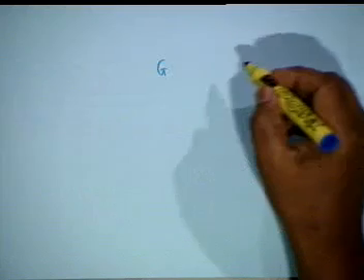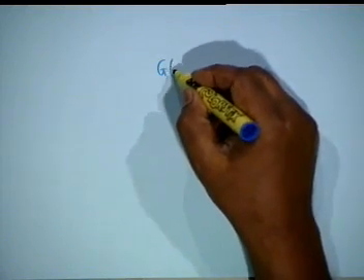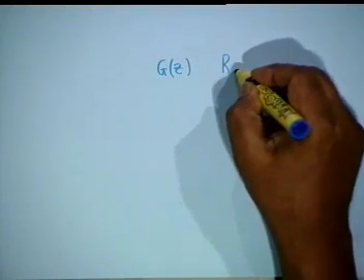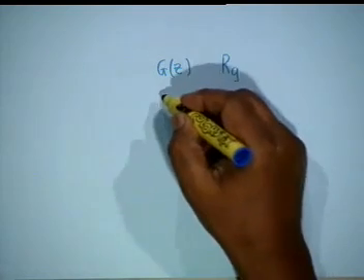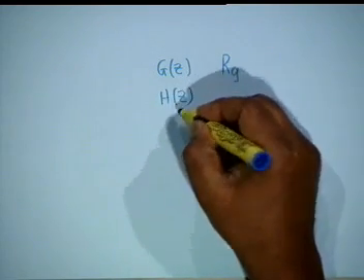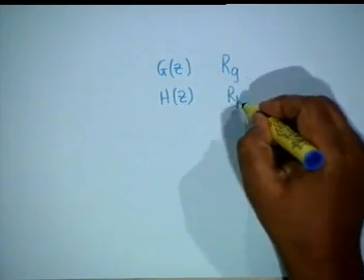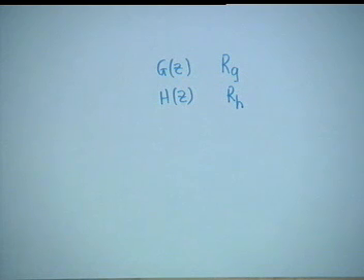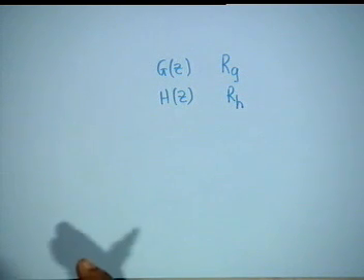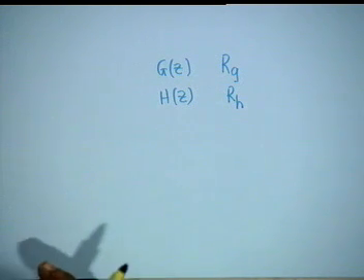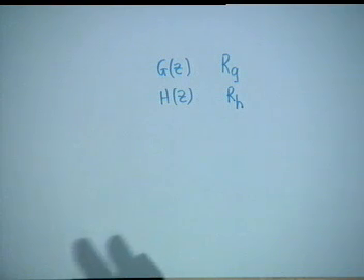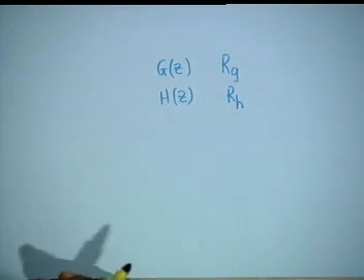We started with the properties of the Z transform, and before that I had introduced some notations. For capital G of Z, the ROC is denoted by Rg, and for capital H of Z, the ROC is denoted by Rh. Rg is a symbol for an inequality, Rg1 less than equal to mod Z less than equal to Rg2.